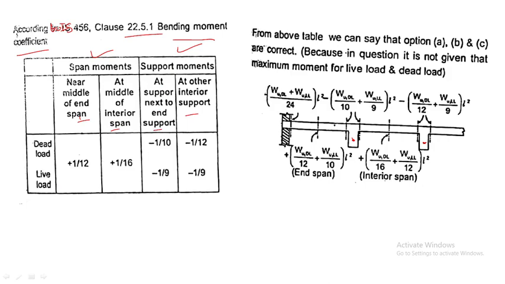This is for dead load and this is for live load: plus 1 by 12, 1 by 16, minus 1 by 10, minus 1 by 12, 1 by 9, 1 by 9. So from the above table we can say that options A, B and C are correct, because in the question the maximum moment for live load and dead load is not given separately.